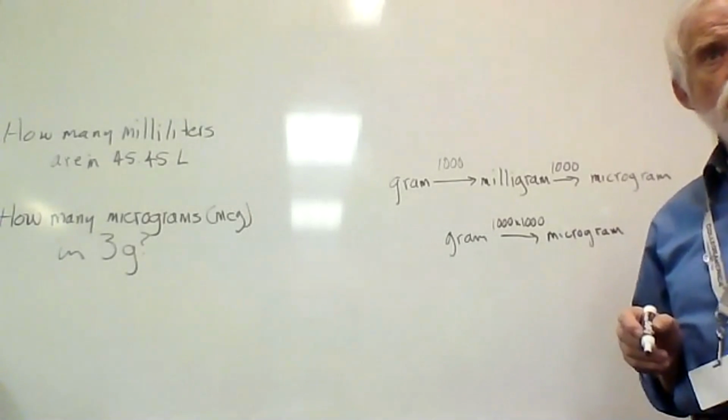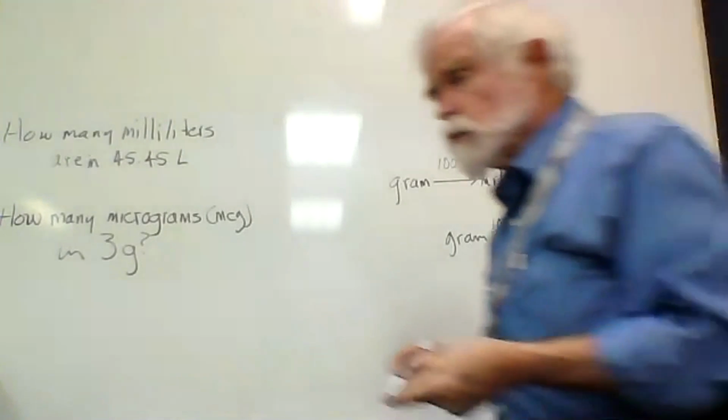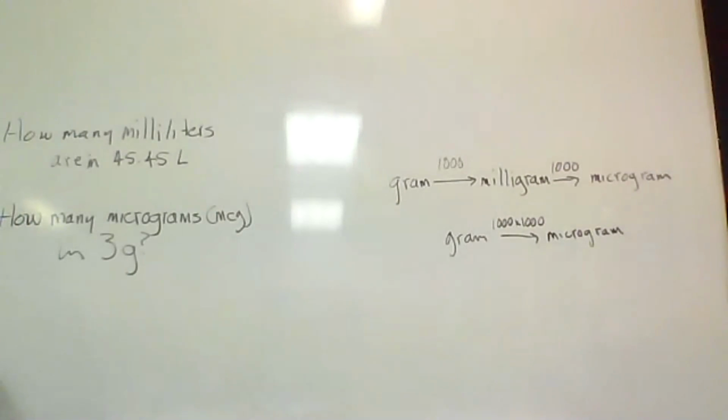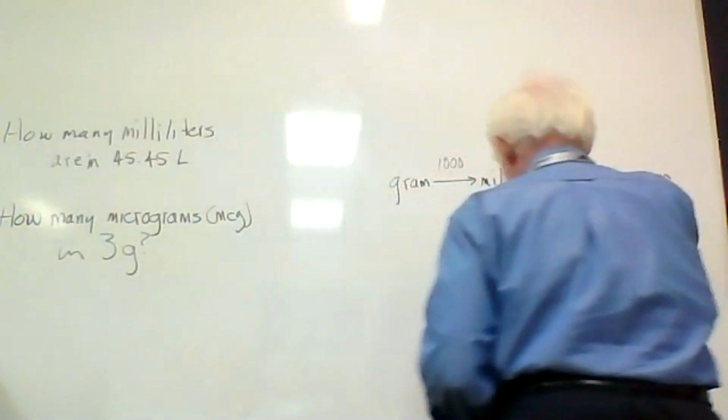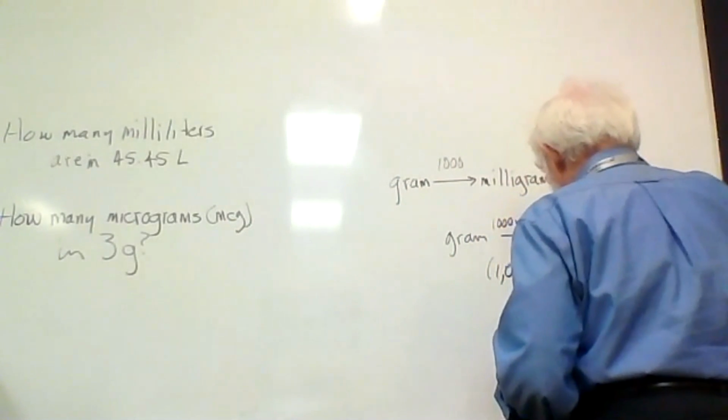We multiply by each arrow we cross. I don't care if you're crossing 12 arrows, you're going to multiply by the factor above each arrow. So this is a million.